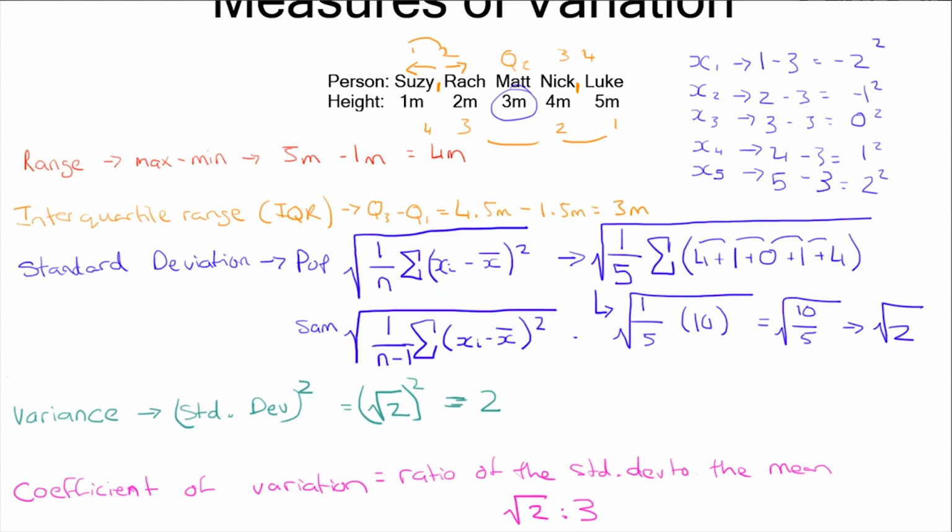Yeah, okay, so it is like that. So you could say the square root of 2 divided by 3 would be our population coefficient of variation. And what it does is represent a percentage to show what the variation in our data looks like. So normally you'd also go 100 times this, because it's representing a percentage.